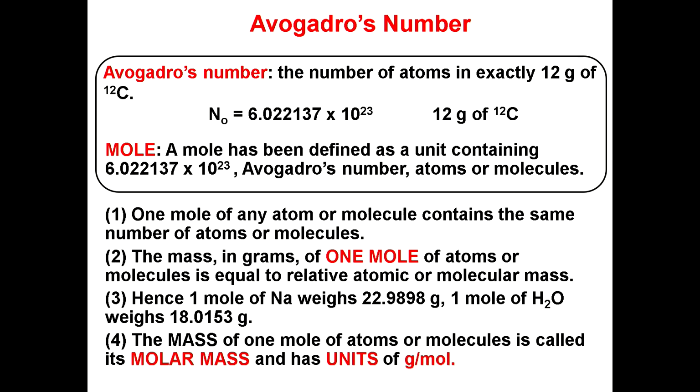So this means 1 mole. 1 mole may be atoms or molecules. So 1 mole of any atom or molecule contains the same number of atoms. The mass in grams of 1 mole of atoms or molecules is equal to the relative atomic or molecular mass.